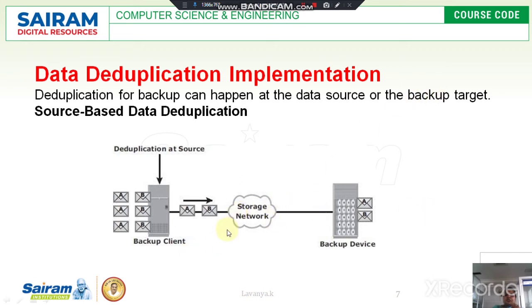All the clients have to send multiple applications onto the backup device using this network. Because of that, it also loses network performance. So this is also one of the impacts, the network issues, that happen with source based data deduplication.